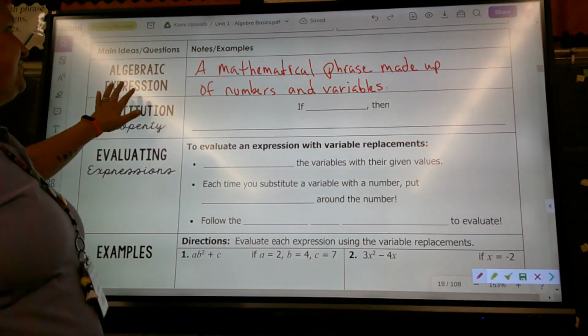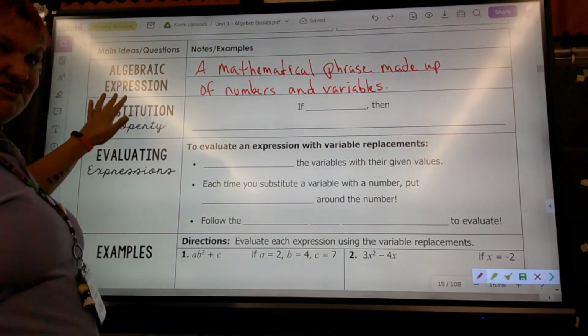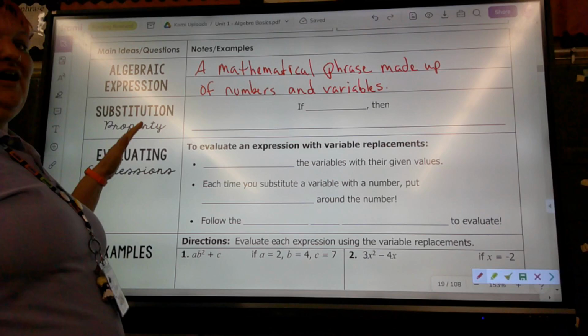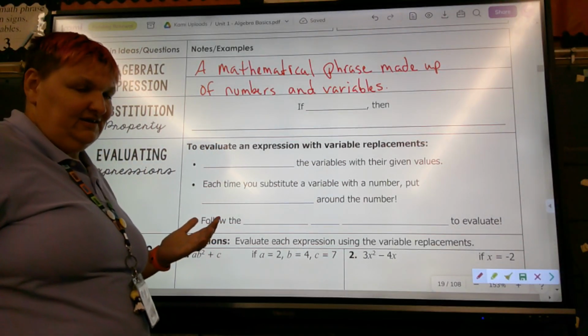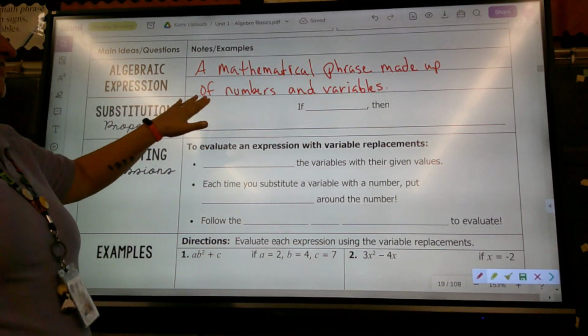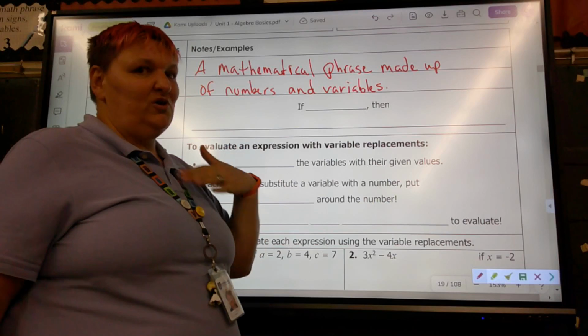The difference between an algebraic expression and an equation is the equal sign. The algebraic expression has numbers and variables, but no equal sign.